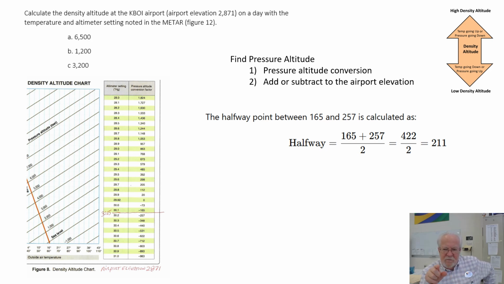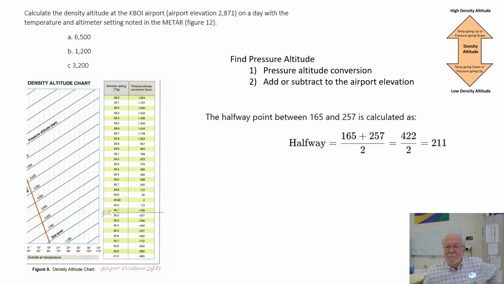So you need to take the 211 and subtract it from the airport elevation. Airport elevation was given in the question. You see at the bottom there, I've got it written, airport elevation 2,871, so you have to subtract 211 from that to get 2,660. 2,660 would be the pressure altitude.